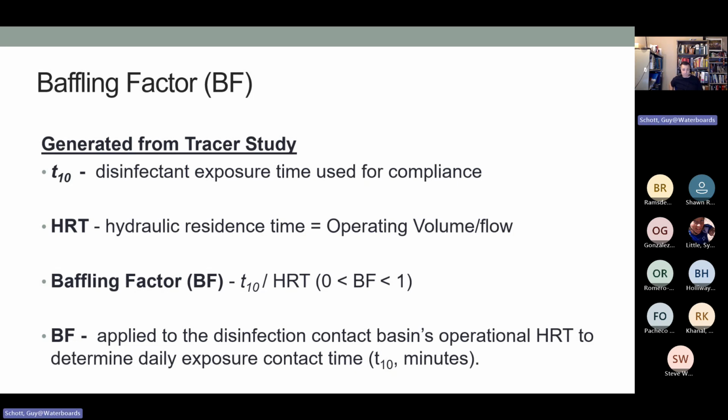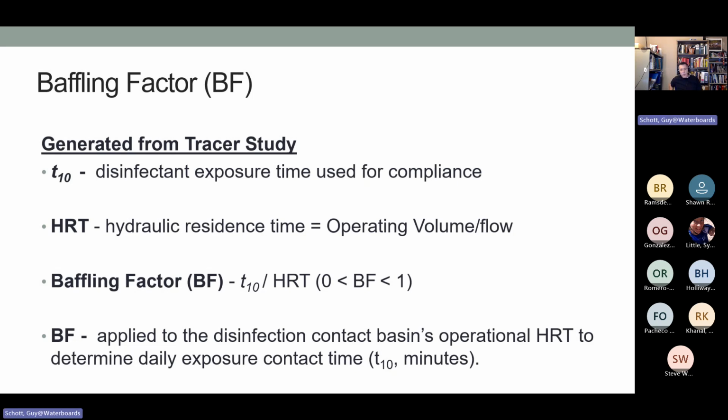The baffling factor is simply the disinfectant exposure time from the tracer study divided by the hydraulic residence time. That value is going to be somewhere between 0 and 1. It won't be 0, and it's likely never going to be exactly 1. It could be close to 1 if it was a very long pipeline.